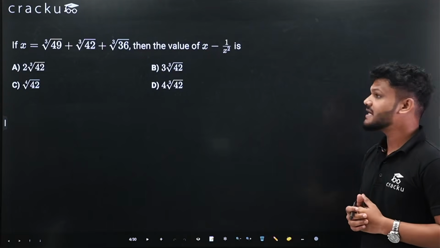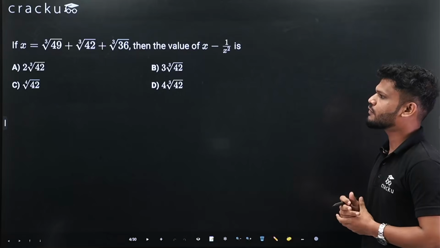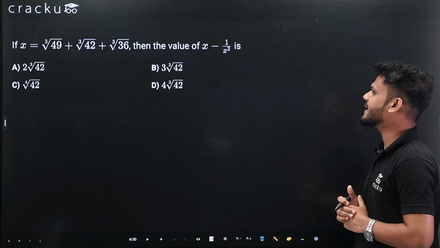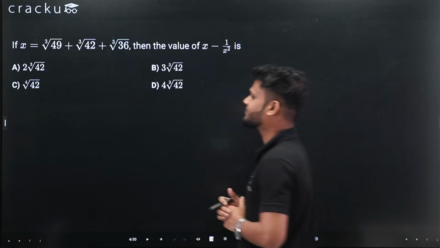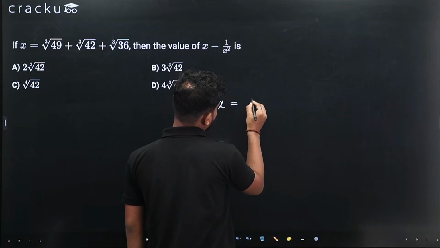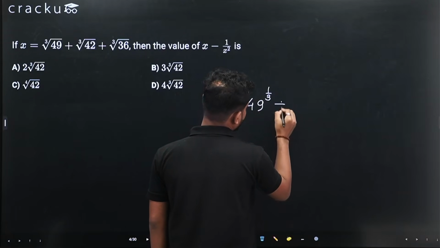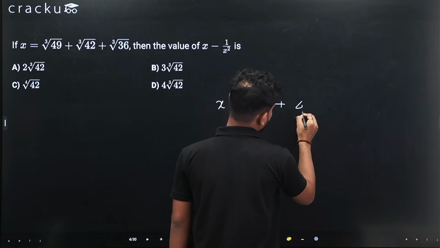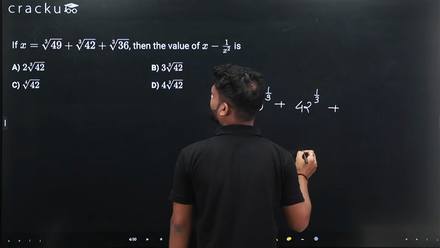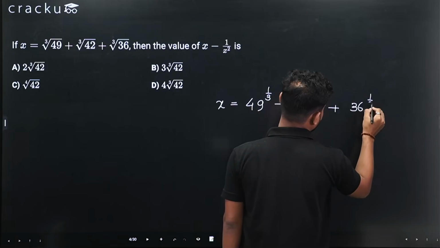In this question, we are asked: x is equal to cube root of 49 plus cube root of 42 plus cube root of 36. Then what is the value of x minus 1 by x square? Let us write it down as x is equal to 49 raised to 1 by 3 plus 42 raised to 1 by 3 plus 36 raised to 1 by 3.